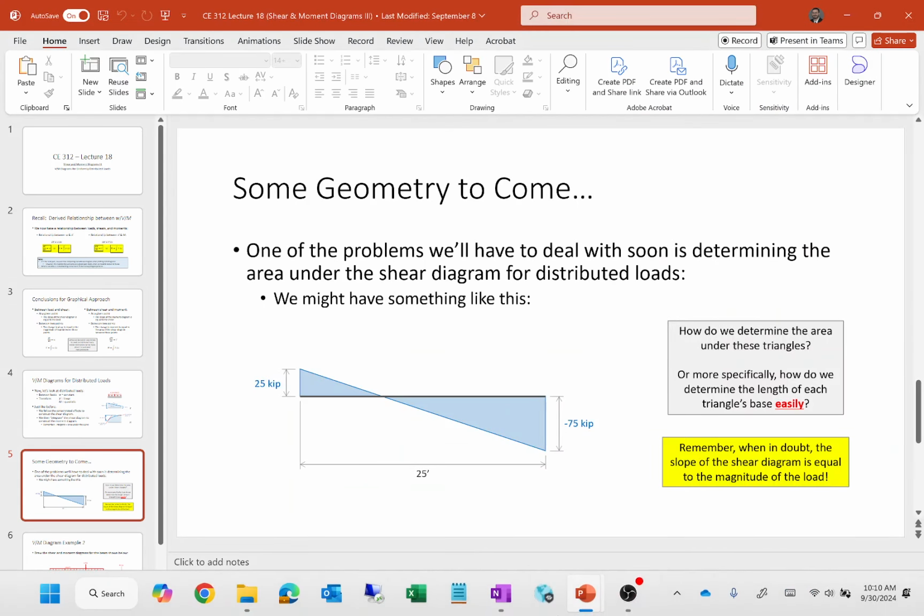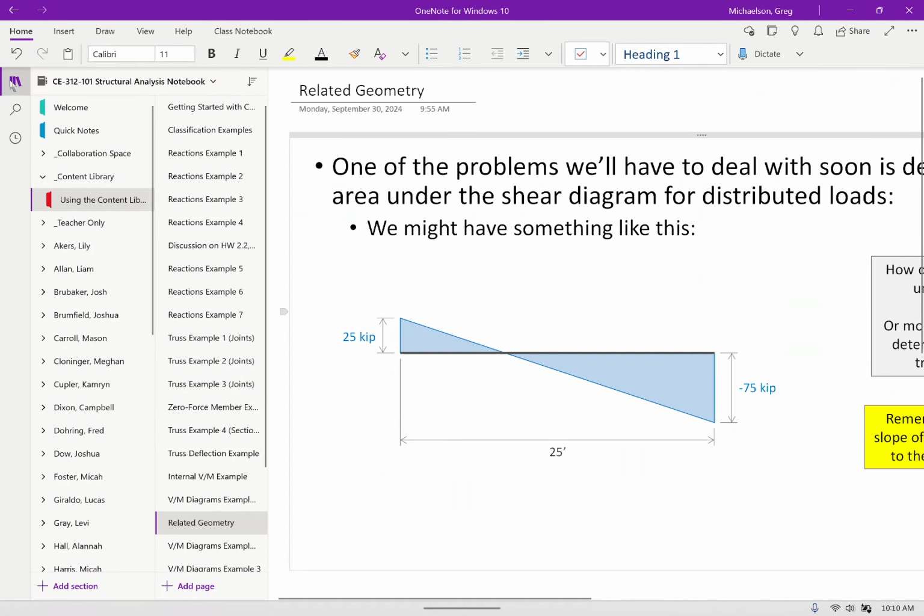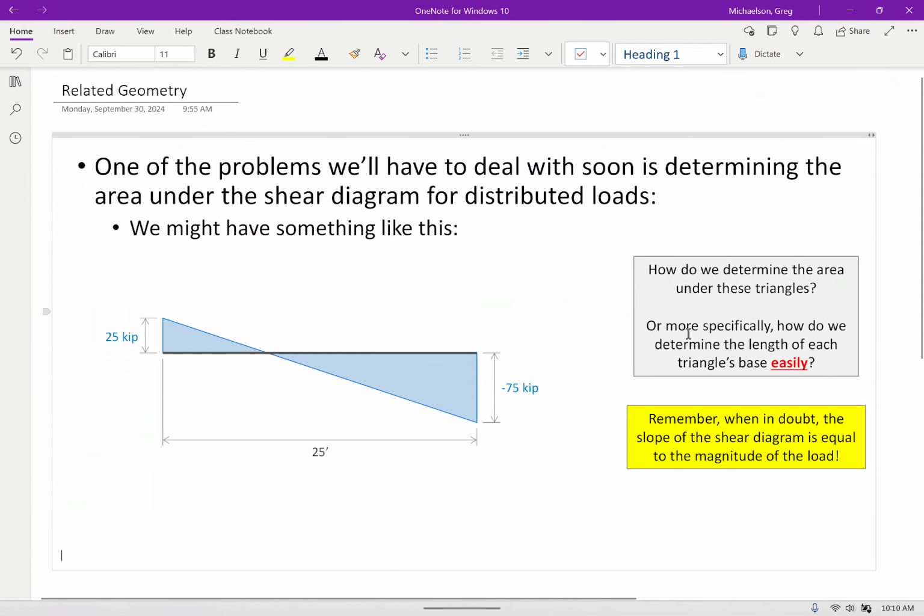So let's say that we have 25 kips to negative 75, and I want to determine the area here and here. How do I determine the area of this triangle? How do I determine the area of a triangle in general? A half of base times height.